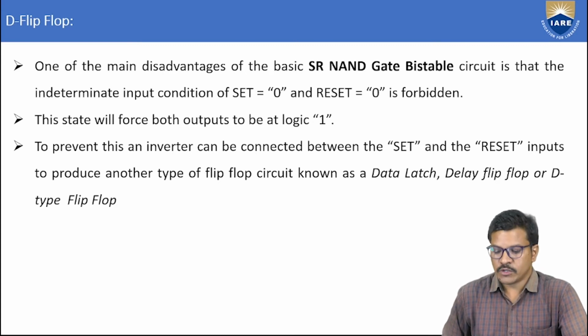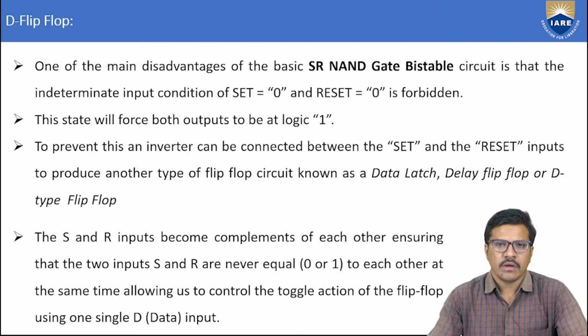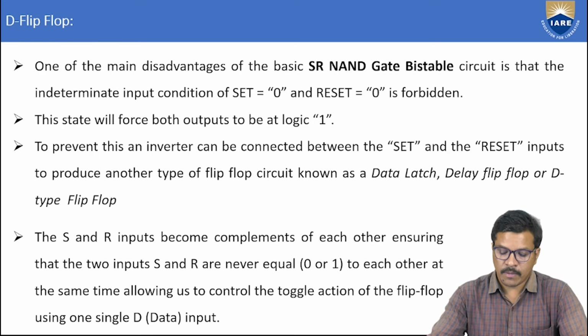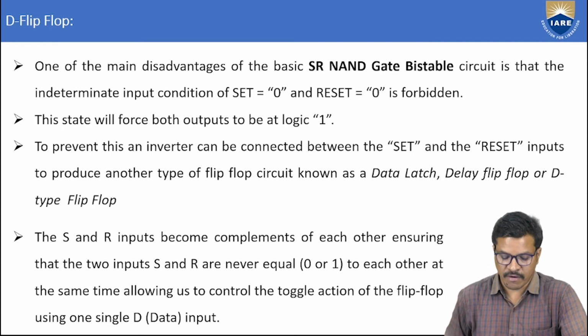This D flip-flop is also called a data latch, delay flip-flop or D-type flip-flop. It makes the S and R inputs complements of each other, which ensures that S and R are never equal to each other at the same time, allowing us to control the toggle action of the flip-flop using one single D input.